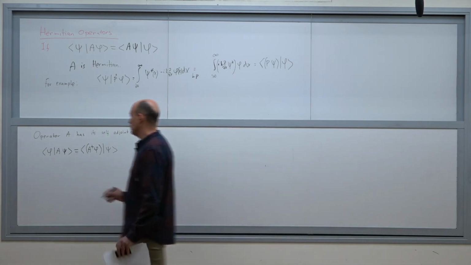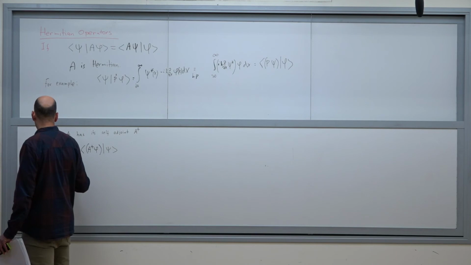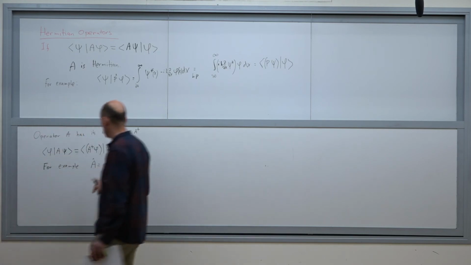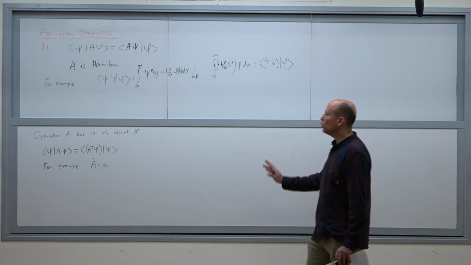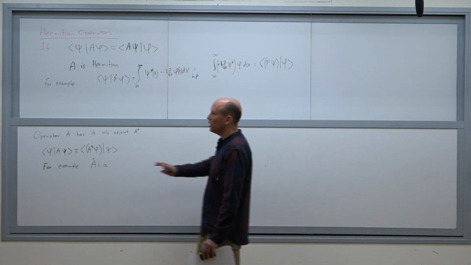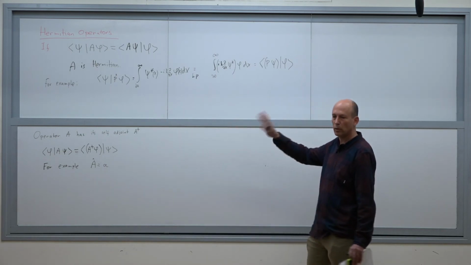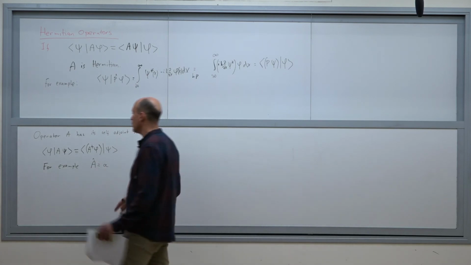For example, a trivial example, let's say the operator A, sometimes I'll have this hat, is a number. It can be a complex number. This is a good operator. It has all the linear properties that we were discussing before. This is belonging to the Hilbert space.